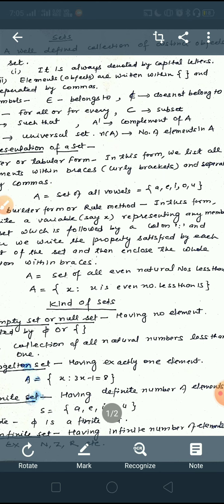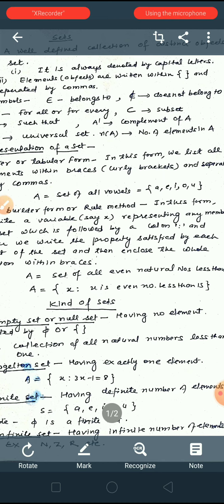So children, here we have studied representation of a set. I recall, a set can be represented in 2 ways. One is roster form, and another is set builder form. In roster form, we simply list all the elements separated by commas, and in set builder form we represent by any variable x or t or u.